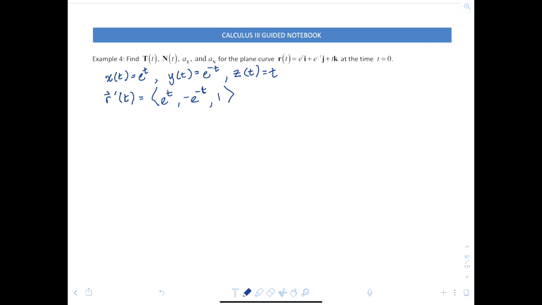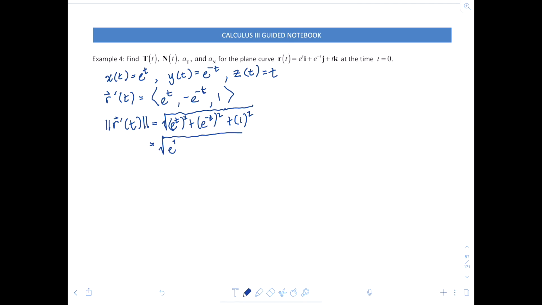Now, the magnitude of r prime of t in general is going to be the square root of e to the t squared plus e to the negative t squared plus 1 squared. But remember, when you raise a power to a power, what do you get? You can multiply. So we'll get the square root of e to the 2t plus e to the negative 2t plus 1.